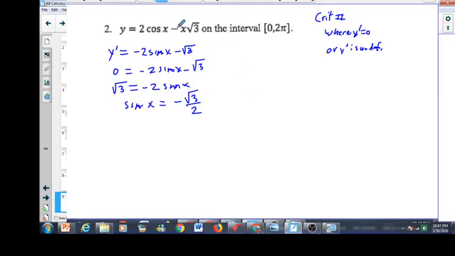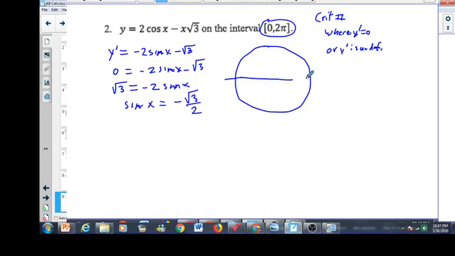So on this interval here, where do we have sine x equal to negative square root of 3 over 2? Okay, let's just go ahead and draw this out. We've got our unit circle, and we want where we have negative square root of 3 over 2, which is going to be just down here, right?